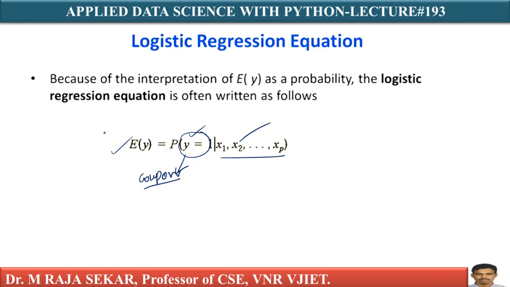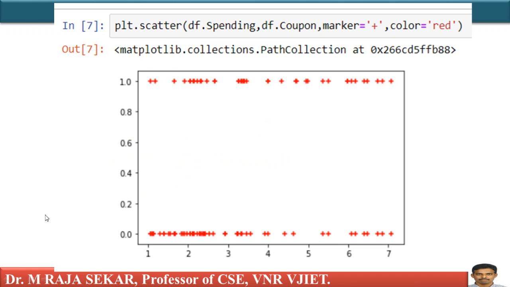This is the example. Just see, why we cannot use linear regression, I will show one simple output. Anyway, I will show it in your Jupyter notebook also. This is a screenshot of your Jupyter notebook. Just see, plt dot scatter. I already discussed the scatter plot in data visualization. df dot spending on x-axis.